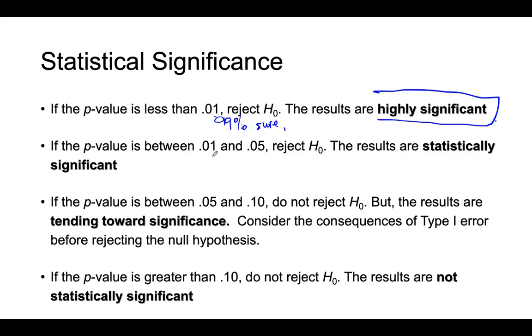If it's between, let's say, 95% and 99%, sorry for my scribbling, we reject the null in favor of the alternative, and the results are statistically significant at that point. So that is also a great point.